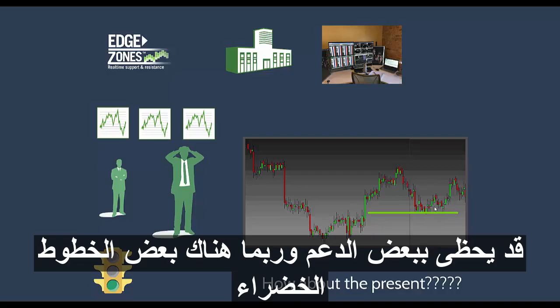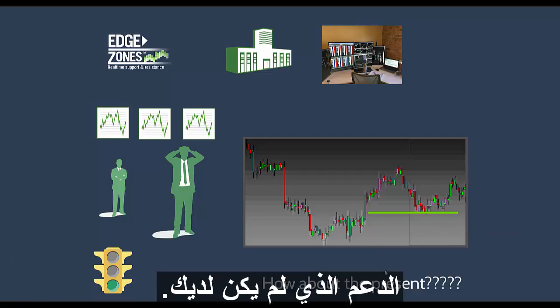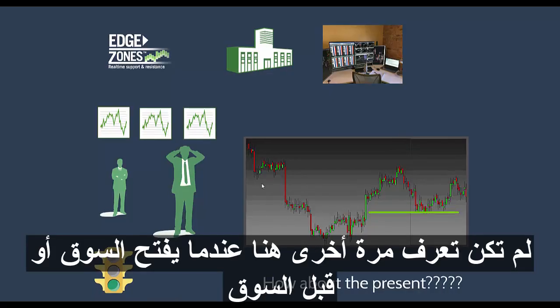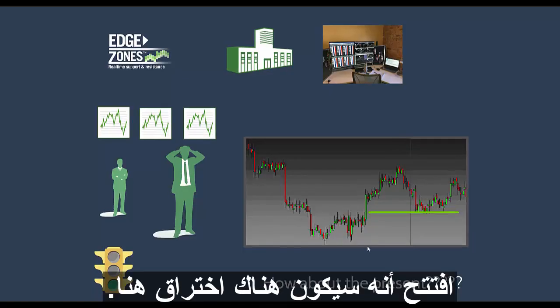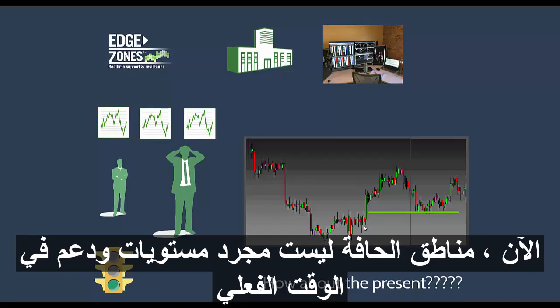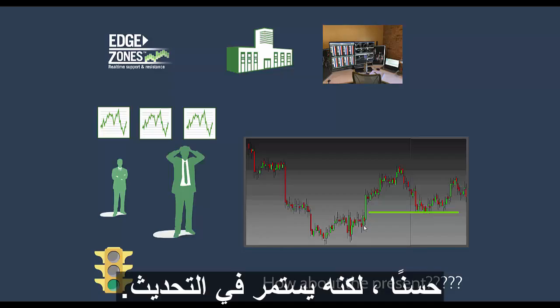And maybe there's some green lines that appear inside these candles to help solidify and qualify a previous support that you didn't have. You didn't know back in here when the market opened or before the market opened that there was going to be a breakout in here. Why not have something show you this visual after the market opens? Now, the Edge Zones aren't just real-time levels and support resistance. They are about the past as well, but it continues to update.